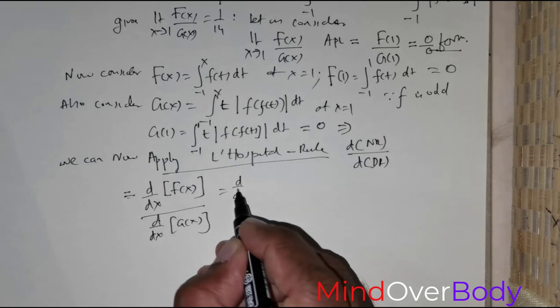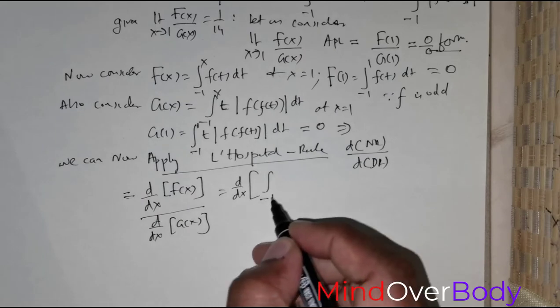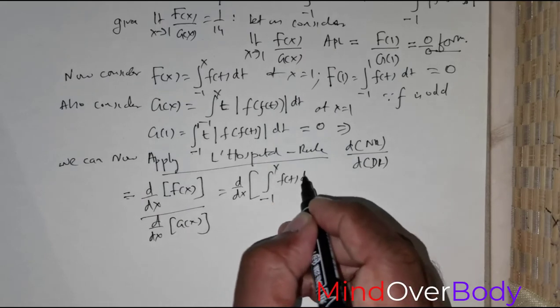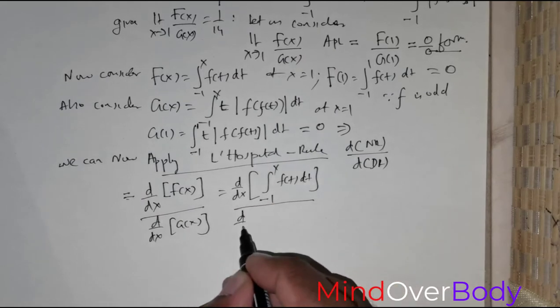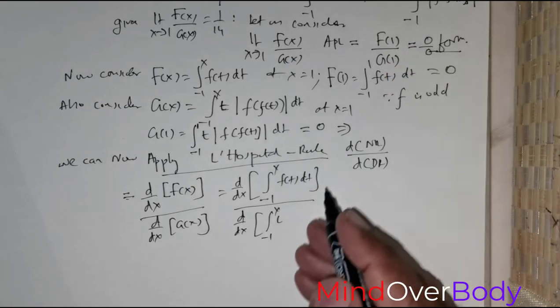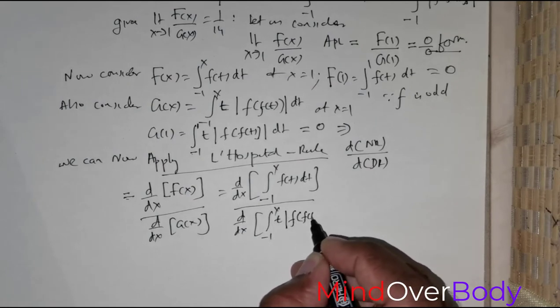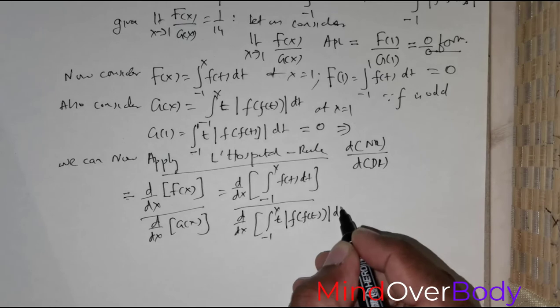But what is F of x? F of x is nothing but this, integral negative 1 to x f of t dt, divided by g of x, which is integral negative 1 to x of t times modulus of f of t times dt.